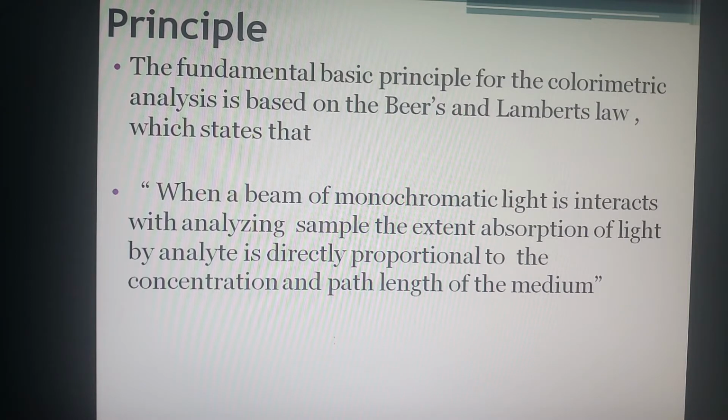It means that when monochromatic light interacts with the test solution, the absorption by the analyte is directly related to the concentration as well as the thickness or path length of the medium.